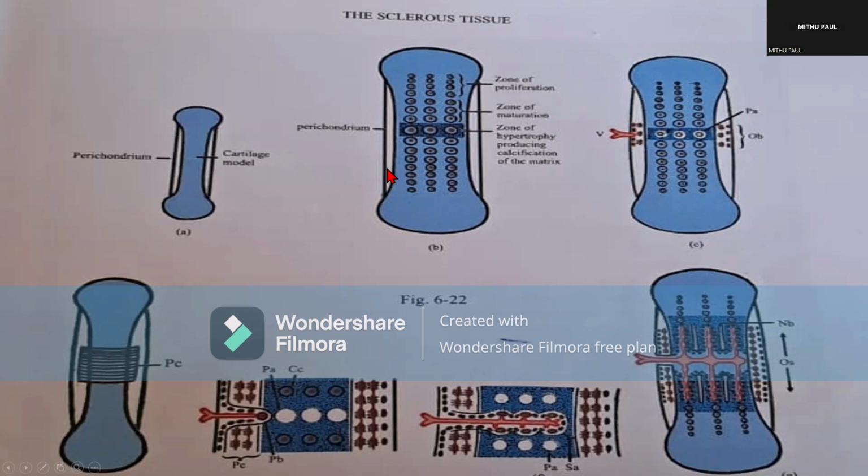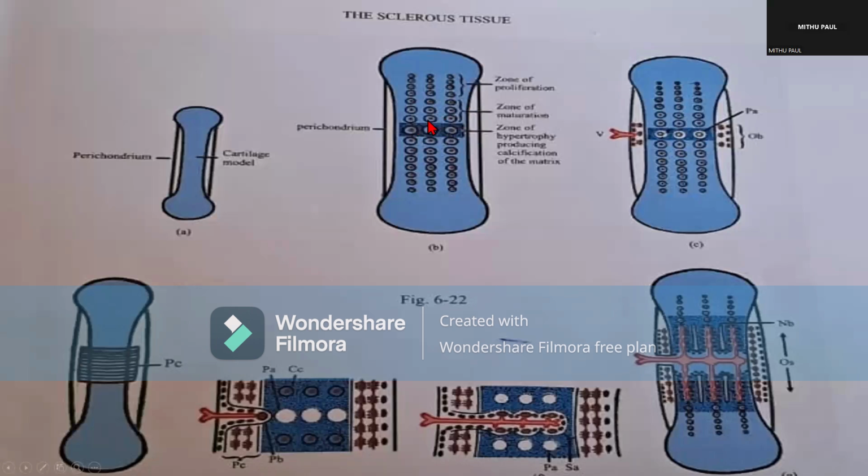Within the cartilaginous model, some cells are in the process of proliferation. They increase in number and proceed to the periphery. Some cells are in the process of maturation. The center cells, where the proliferation had in fact started, proceed from the center towards the end.